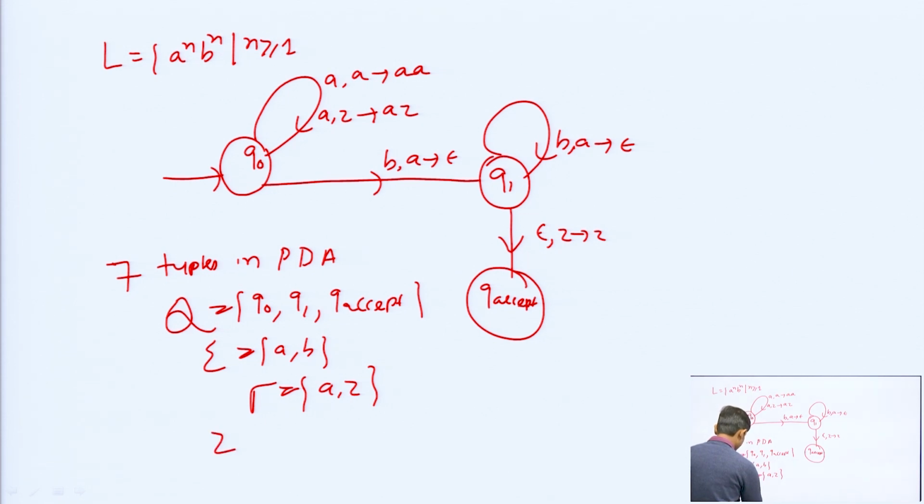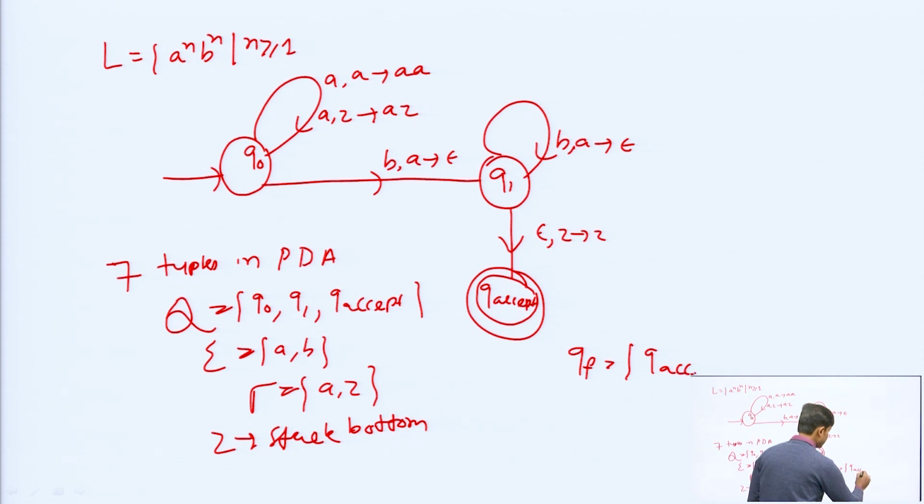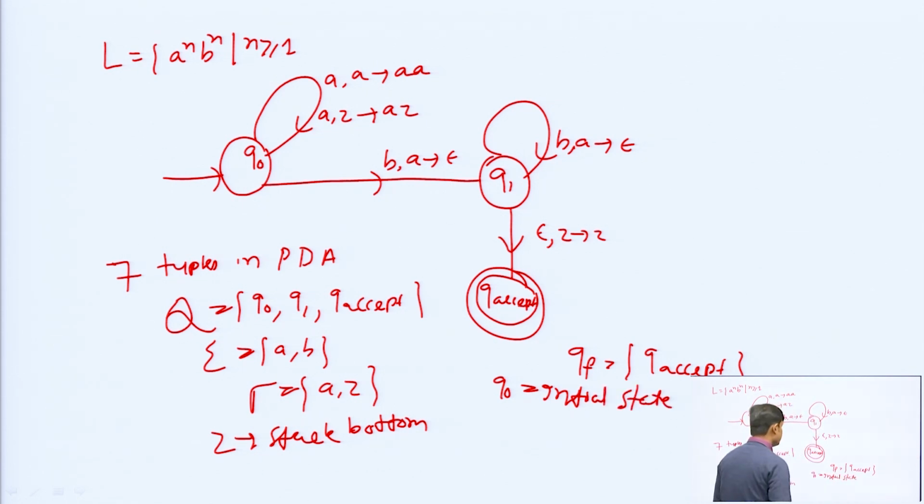Then the transition function, and Q accept is the final state, also written QF. Then Q0 is the initial state.